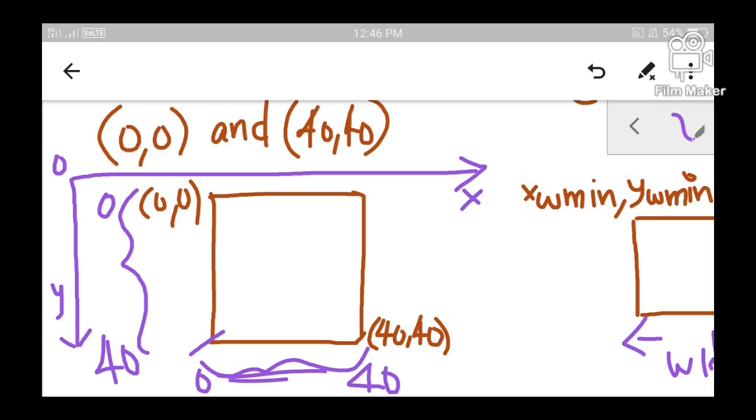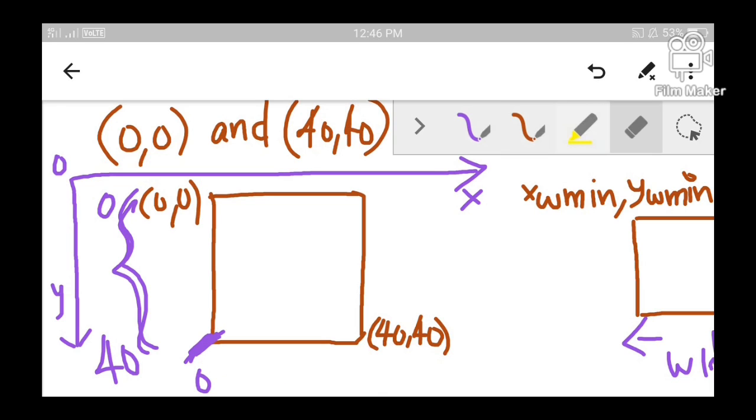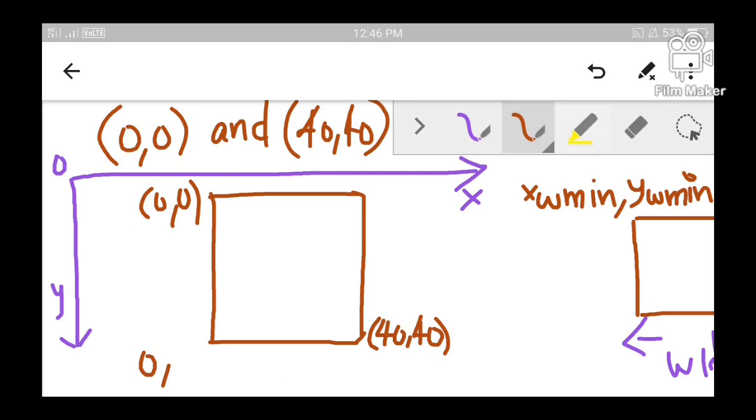So if this is the range of x, at this point x is 0. Similarly, if this is the range of y, at this point y is 40. So we can say that this point is 0, 40, where x is minimum, y is maximum.